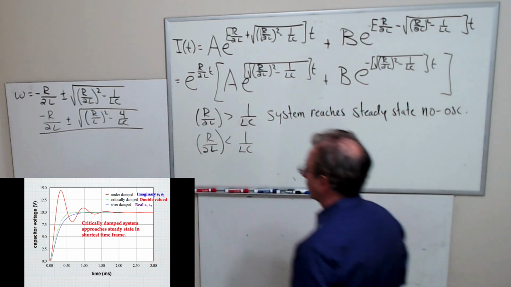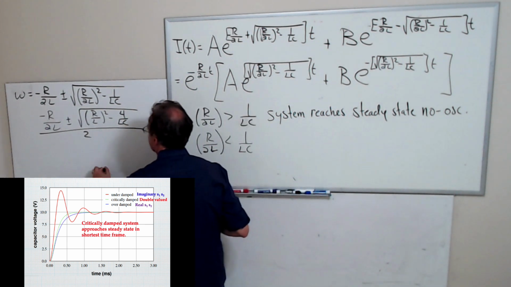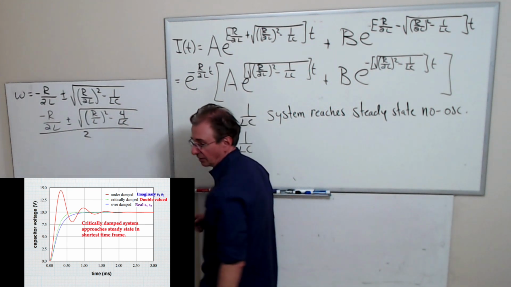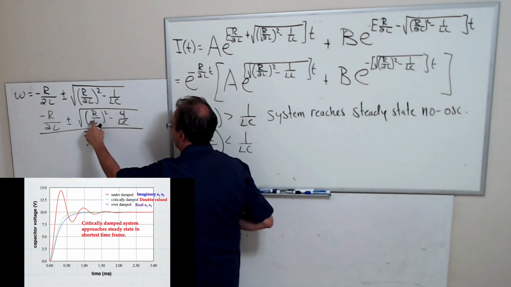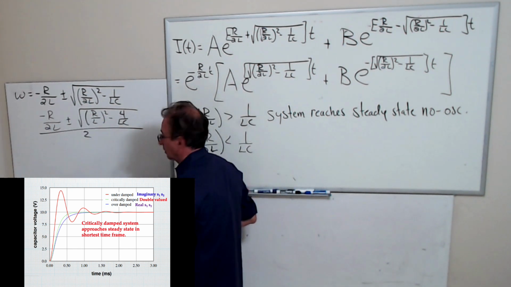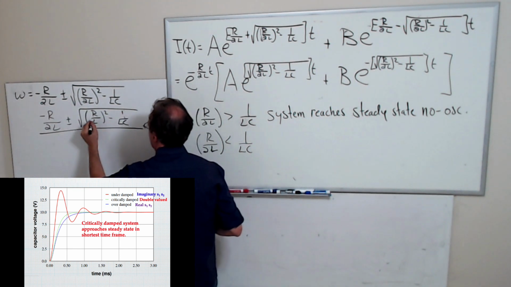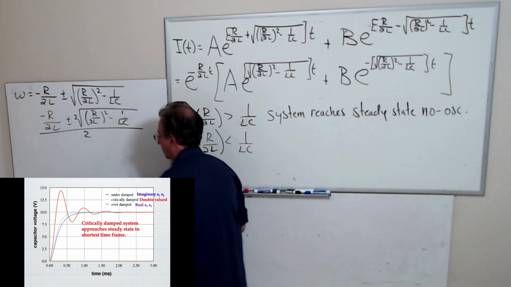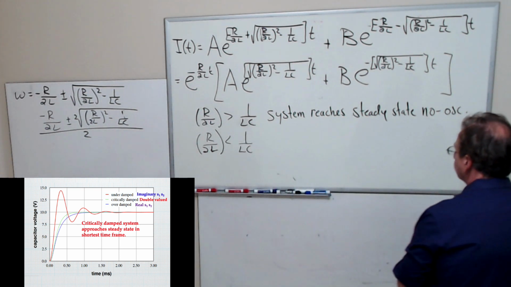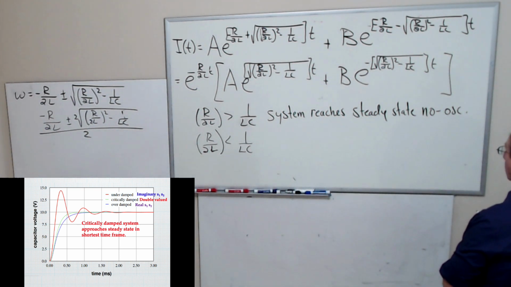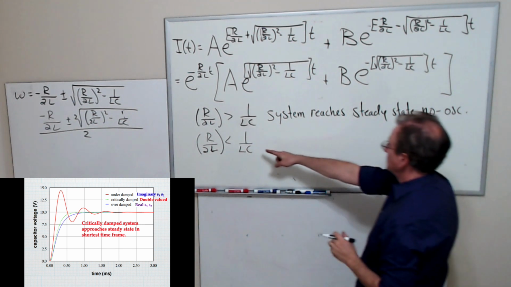Okay? And there's a 2 here. So I went from here to here. I did it in one step because of time. But I said that if you factor this out, you get a 2 down here and a 2 out here. Okay? So what about this case?